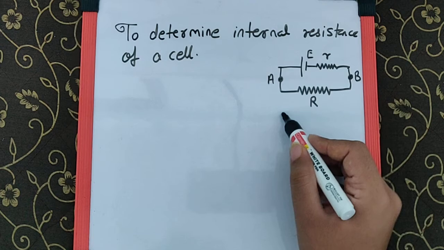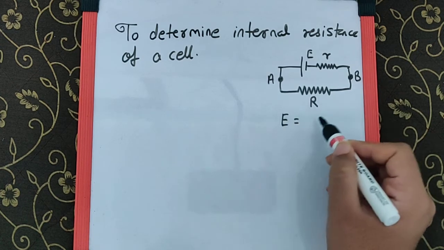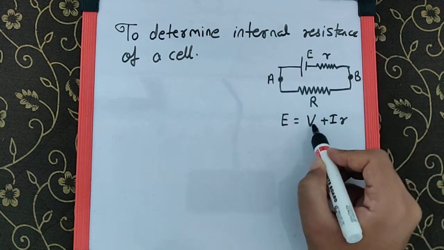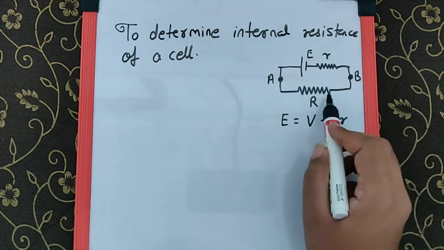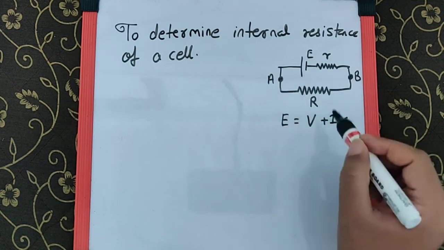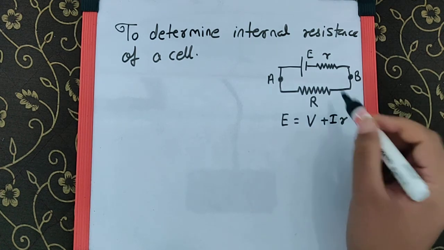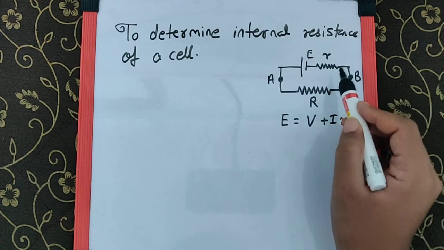For this, if you are aware of the basic formula, E is equal to V plus Ir, where V is the potential difference across the resistance, E is the EMF of the cell, and Ir is the potential drop of the internal resistance. Okay.